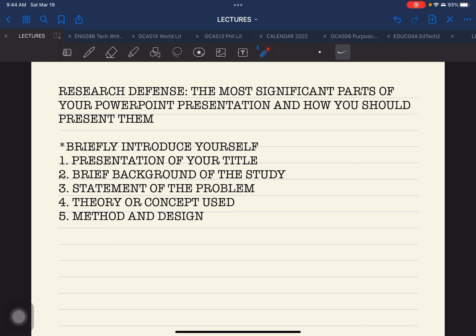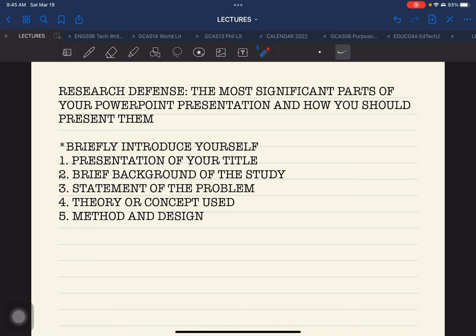After stating the title of the method or the design, you present the definition, and then present the reason why you use this particular method or design. So that is how you present the method and design, and that is the difference between method and design.